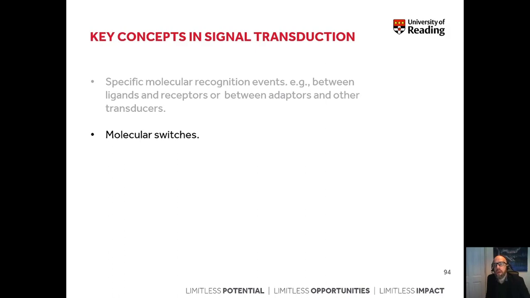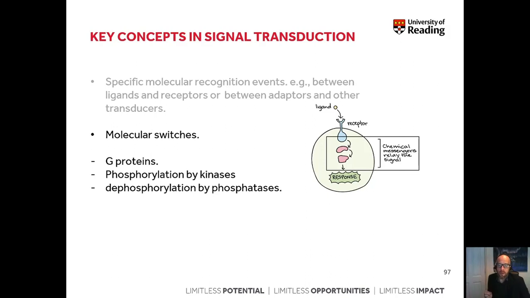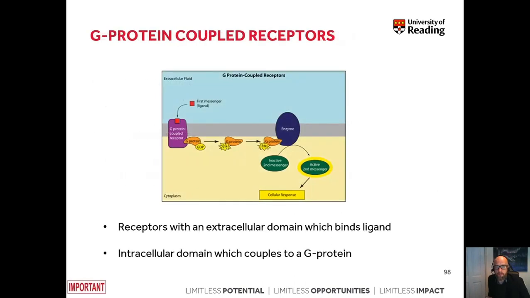Also, another key concept in signal transduction pathways are molecular switches, and the first example of such a molecular switch are G proteins. Another molecular switch we are going to be looking at is phosphorylation of proteins by kinases. Last but not least, another molecular switch is dephosphorylation by phosphatases. This is removing of the phosphate group from a protein.